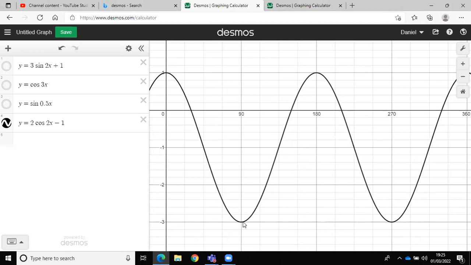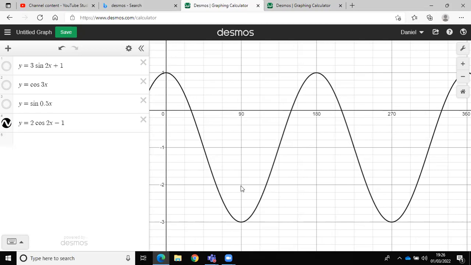But that's been moved vertically downwards. Every milestone we've moved vertically downwards by 1. So instead of a maximum at the start of 2, we've got a maximum of 1. That then goes down to a minimum of -3, instead of -2. So we've moved that down.